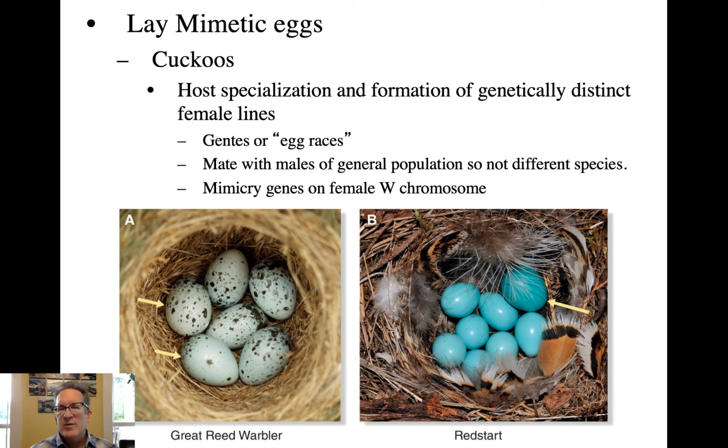Now, cuckoos do a very interesting thing. Cowbirds don't do this, but cuckoos are well known for producing mimetic eggs. So a parasitic female throughout her life only parasitizes one species of bird, and she does so that she can produce an egg that looks very much like that of the host species, to trick the host into raising their young.